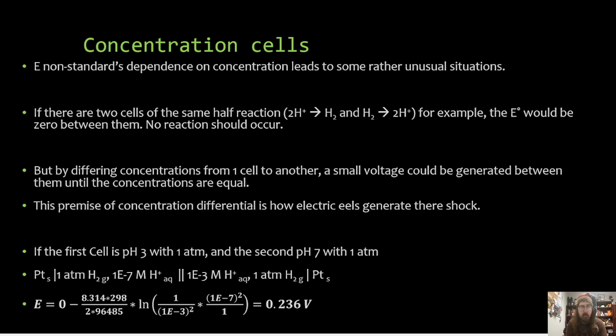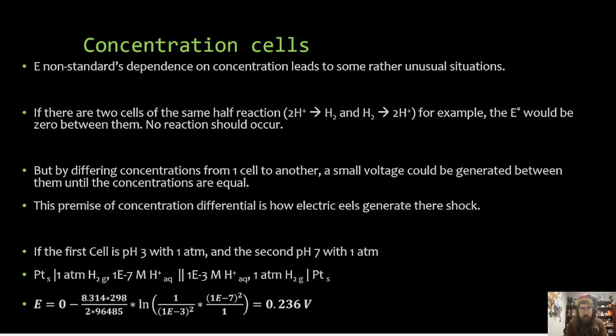we use 1 atmosphere of hydrogen in both cases, but we use a pH 3 and a pH 7 cell. You have to remember our Q for each half reaction: when hydrogen is on top, it's going to be hydrogen over H plus squared, and for the oxidation, it's going to be H plus squared over hydrogen.